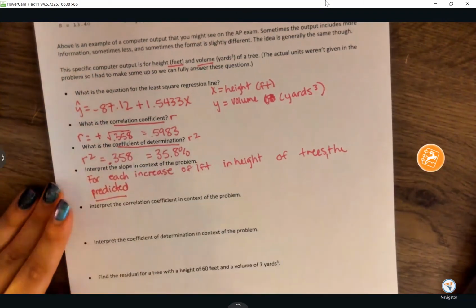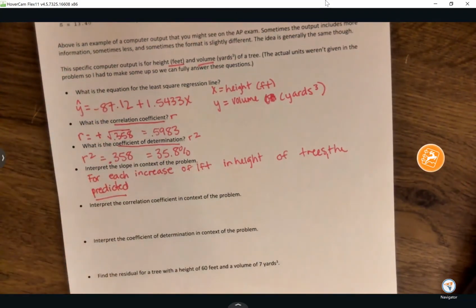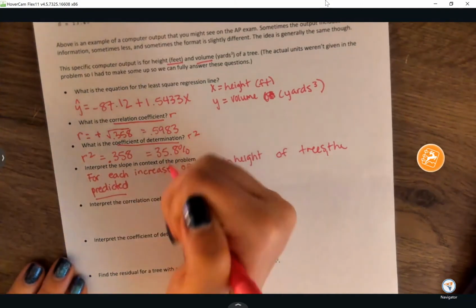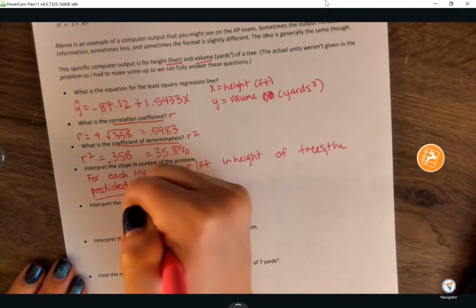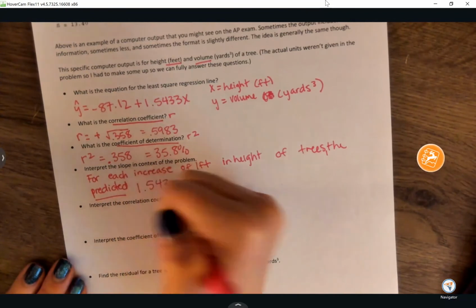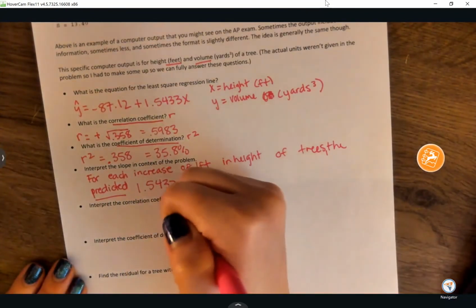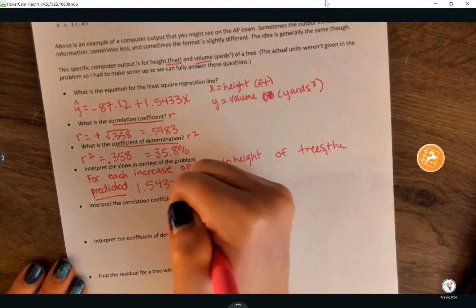You can do predicted, or you can say on average, but you need something to indicate it's not always that exact amount, but rather a predicted or an average amount for the increase. 1.5433 yards cubed.